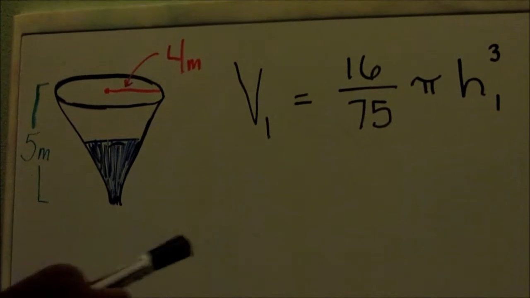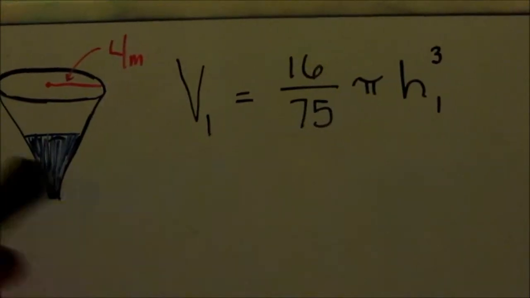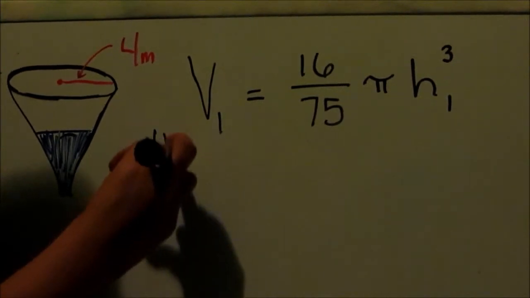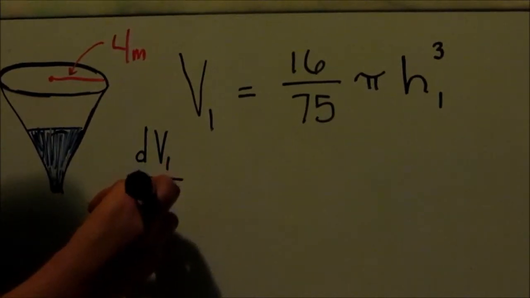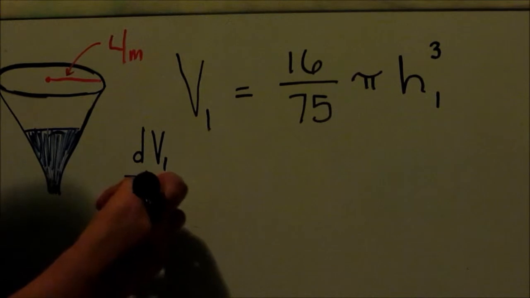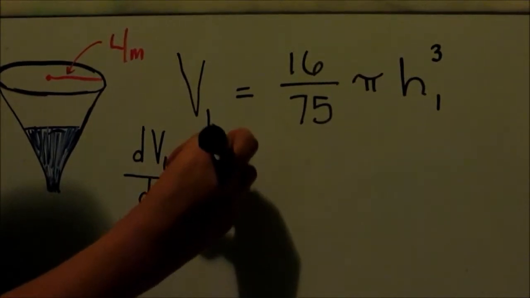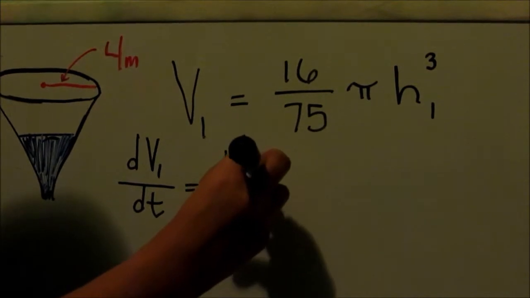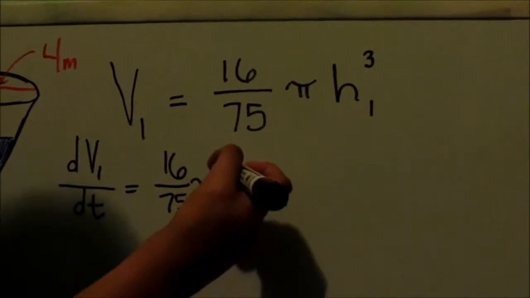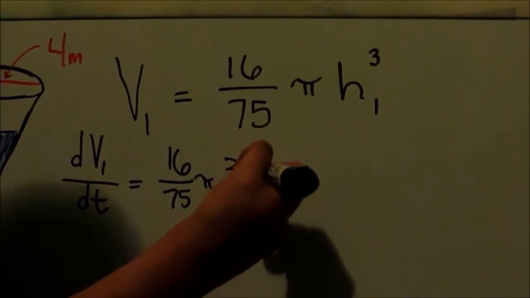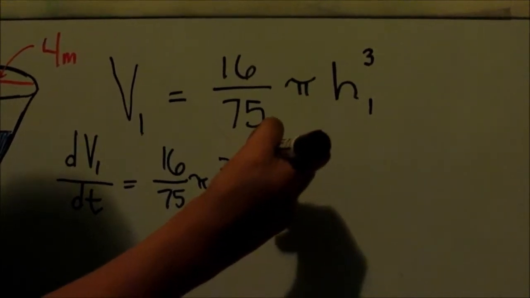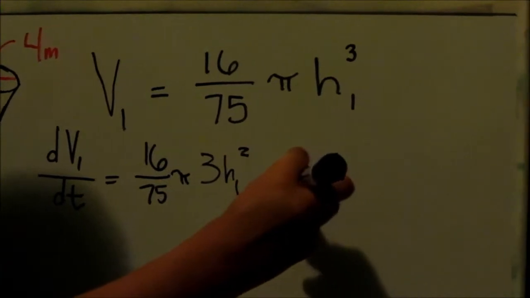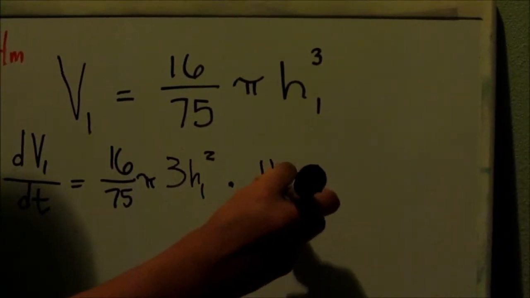We can now take the derivative of both sides with respect to t. The derivative of V sub 1 with respect to t equals 16/75 pi times 3 H sub 1 squared times the derivative of H with respect to t.